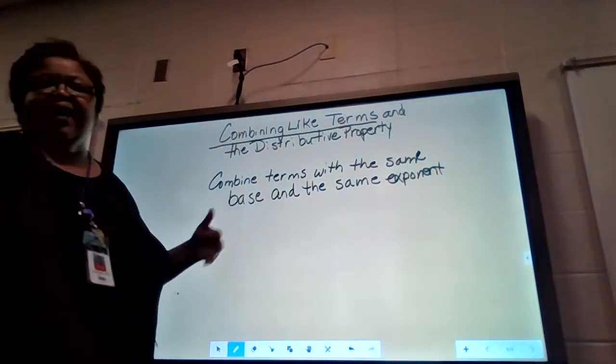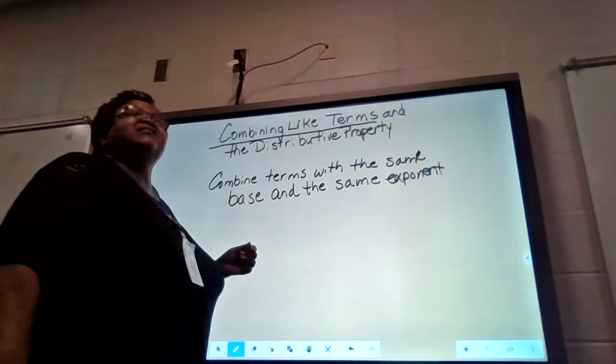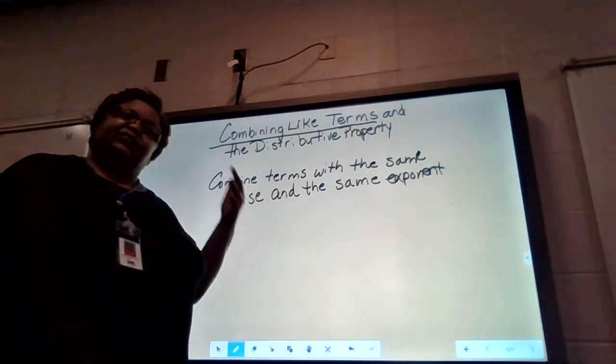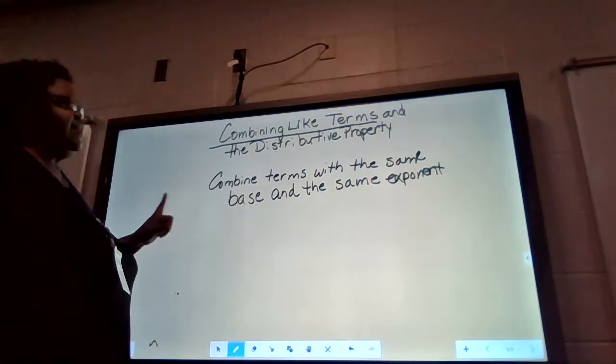So I like to use the analogy of apples and oranges. I can only add apples to apples. I can only add oranges to oranges. So it has to have the same base and exponent.